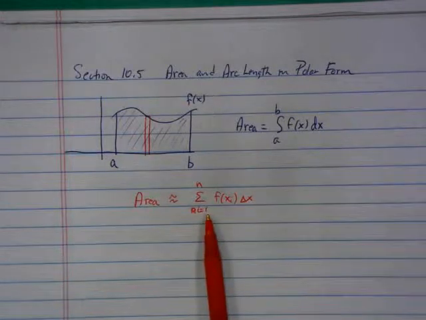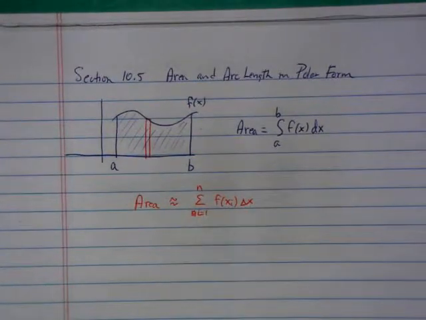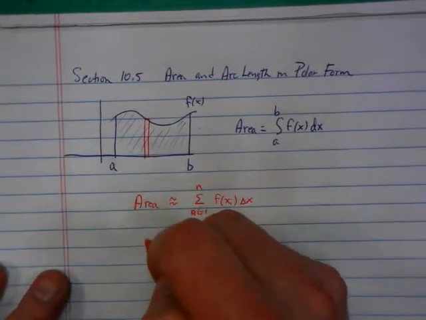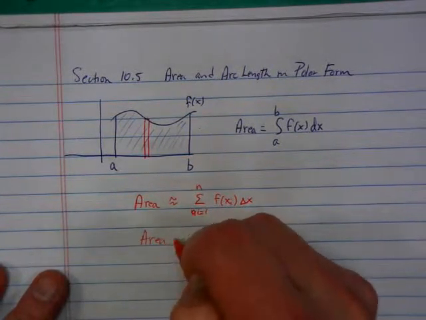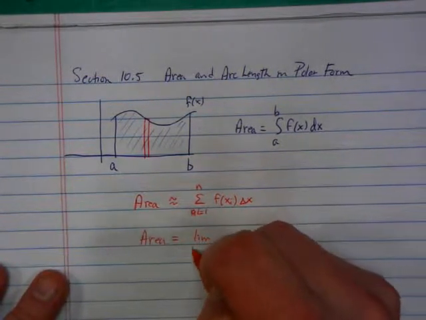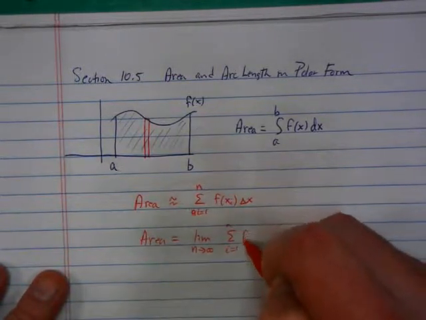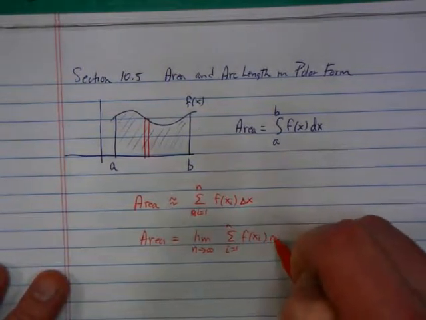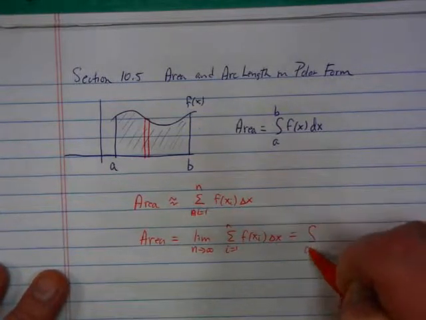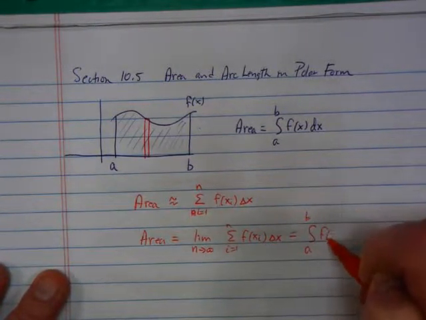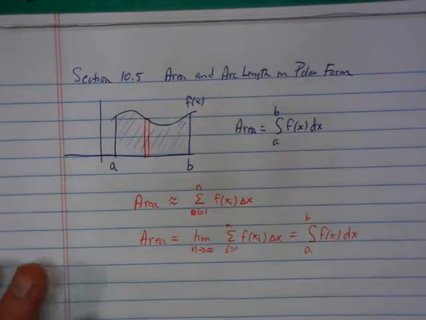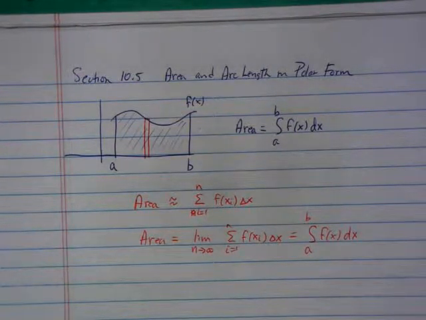For rectangle number 2, I find its height, its width, and so on, and then I add them all up. And then we showed that the exact area was the limit as n went to infinity of the sum from i equals 1 to n of f of x sub i delta x, which we defined as the definite integral. So, when we work in rectangular form, we develop our formula for area by building rectangles.